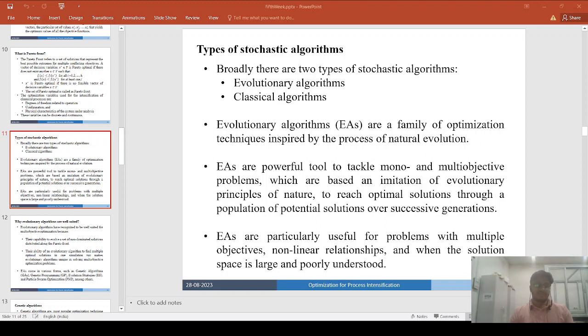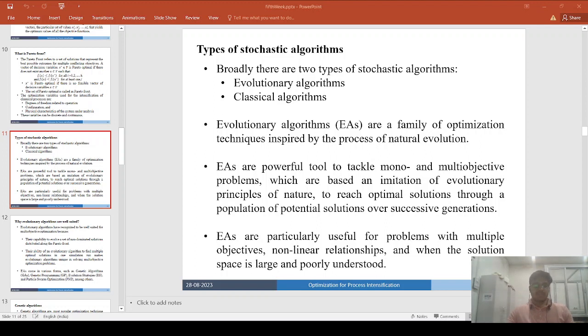The classical methods, using certain assumptions and mathematical formulation and modeling, model the multi-objective system as a single objective mathematical problem, and then they generate the Pareto. But such is not the case with the evolutionary algorithm. There you generate a Pareto by considering the problem as a multi-objective optimization problem.